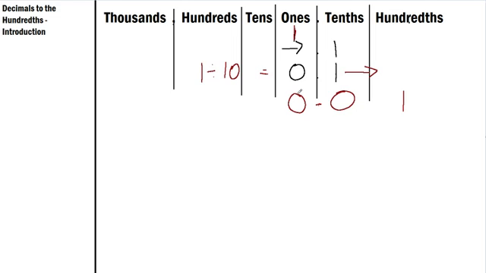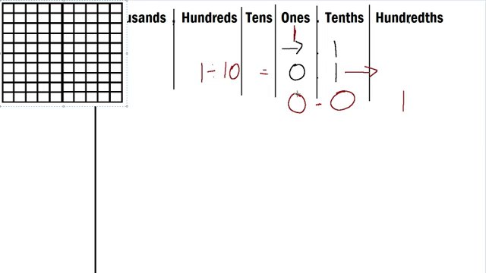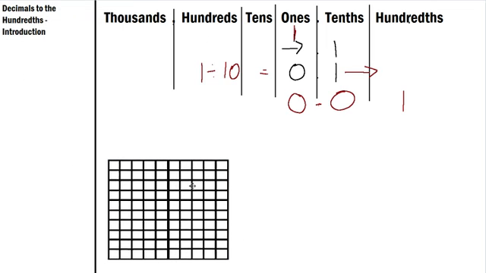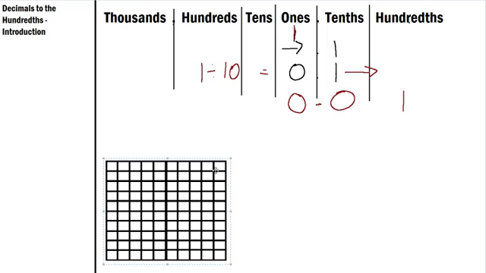If I were to give a visual model of this, I would be taking the 1 from up here and dividing it by 10, and then dividing it by 10 again.